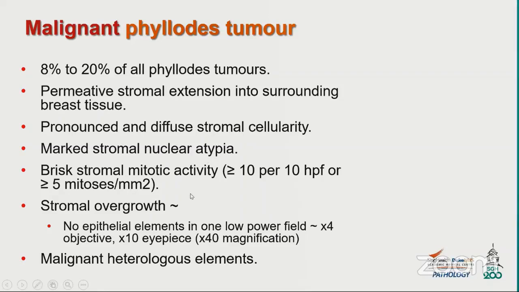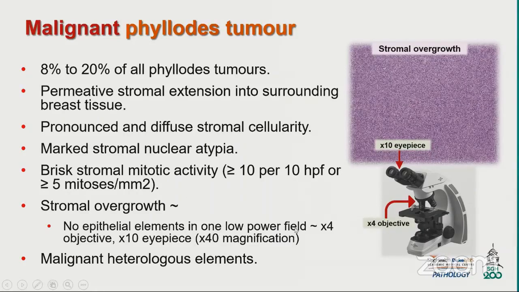Stromal overgrowth may be present and is defined as the absence of epithelial elements in one low power field using the ×4 microscope objective and the ×10 eyepiece, corresponding to an overall ×40 magnification.